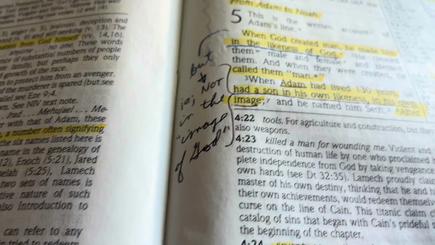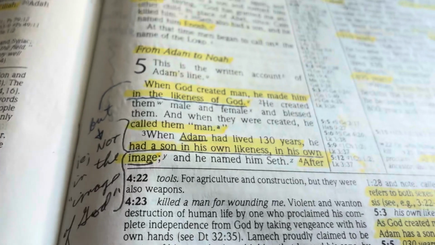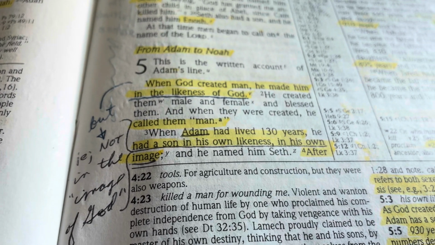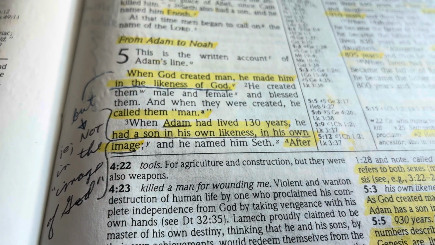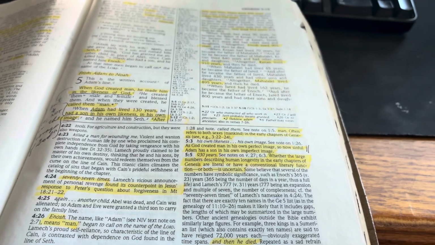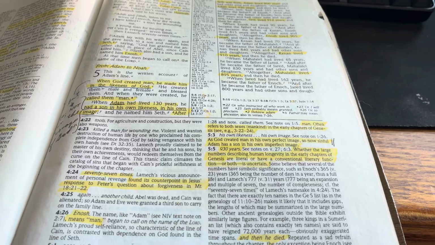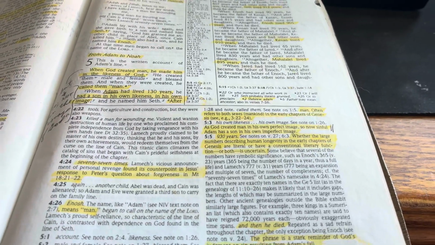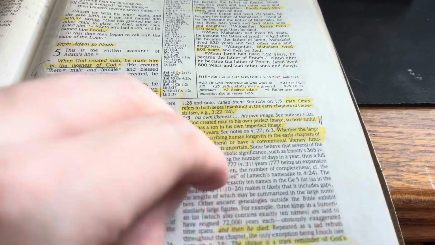Genesis 5. Okay, let me pause the video. My camera keeps going off focus, but let me pause it right here and pick up if I can find any more interesting notes.